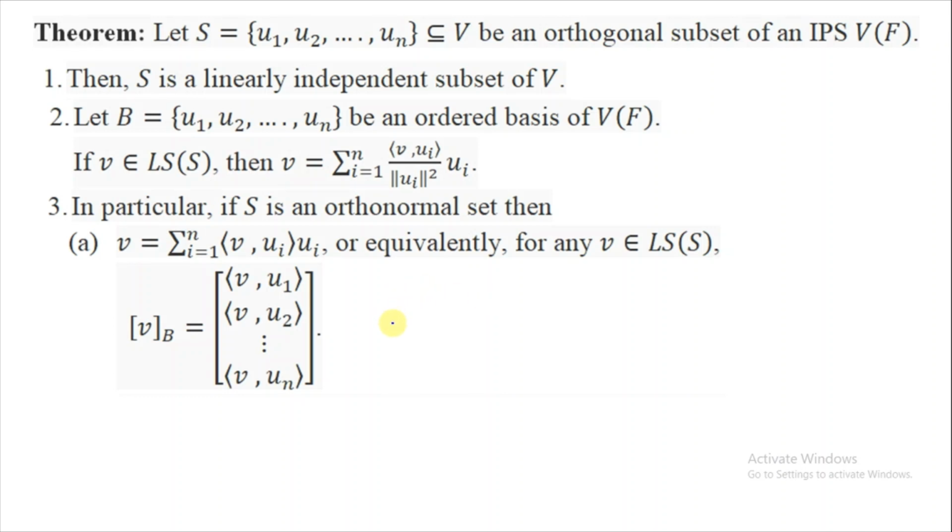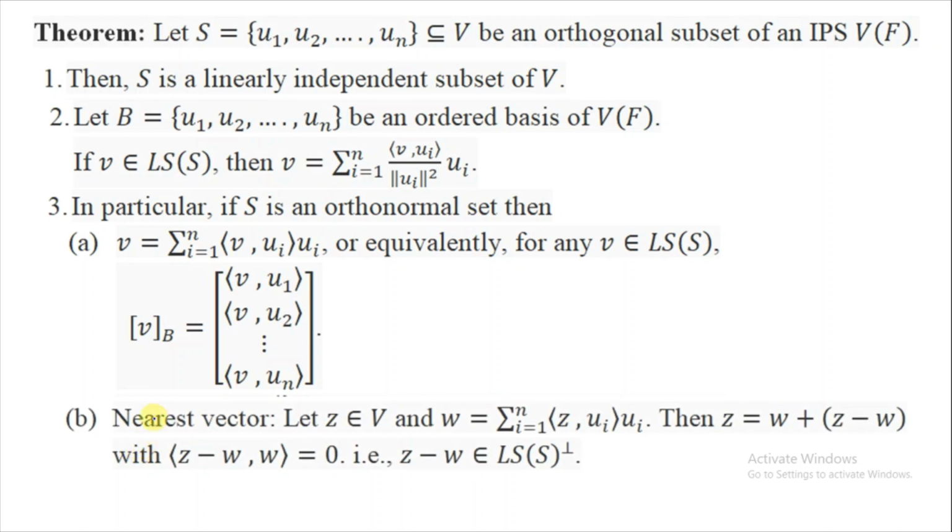Next we'll discuss that example. Now, the nearest vector. Let Z be any vector in V and define W as the sum for i equal to 1 to n of the inner product of Z with Ui times Ui. Then Z equals W plus (Z minus W). The inner product of Z minus W with the Ui is 0, and when the inner product is 0 they are orthogonal.